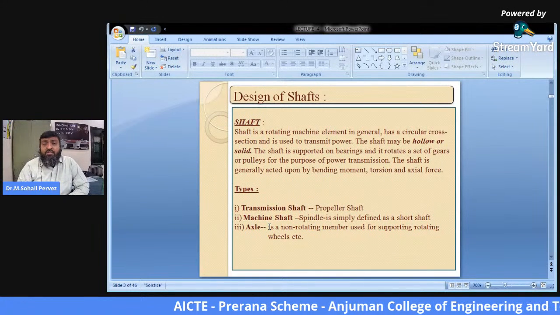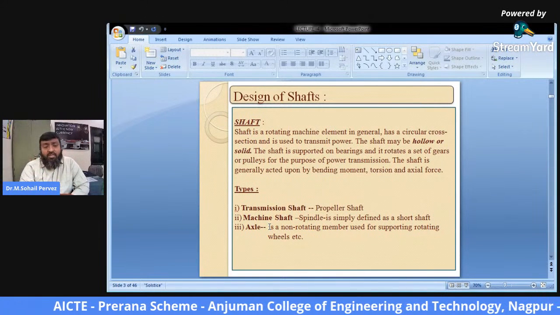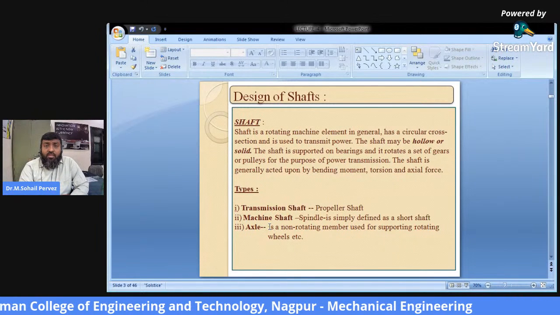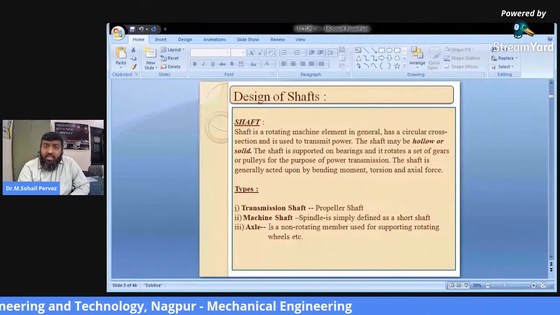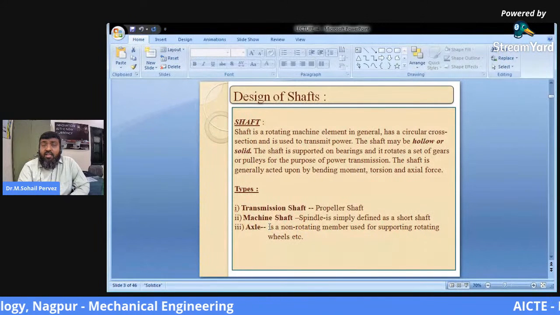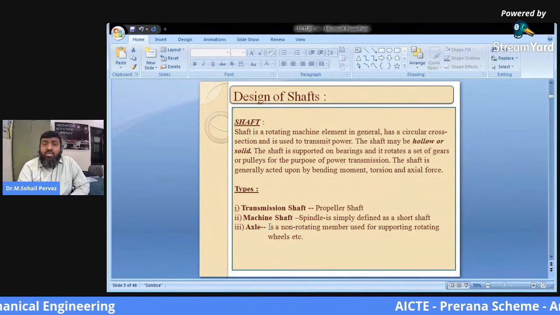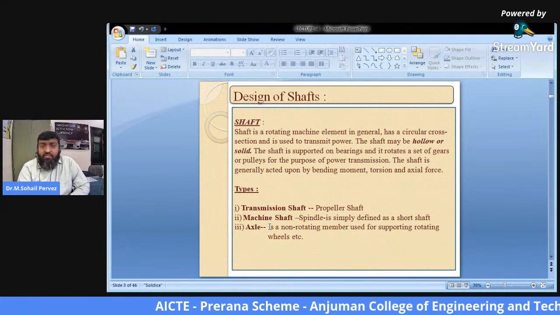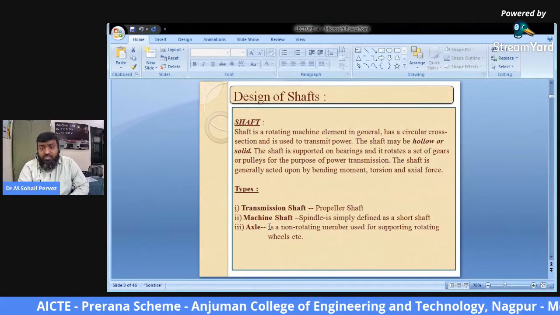The next is the machine shaft. This is basically the integrated part. The best example is the machine spindle. Take the example of a lathe machine, wherein the chuck is mounted on the spindle. So the spindle is the machine shaft. Crankshaft is also a machine shaft.